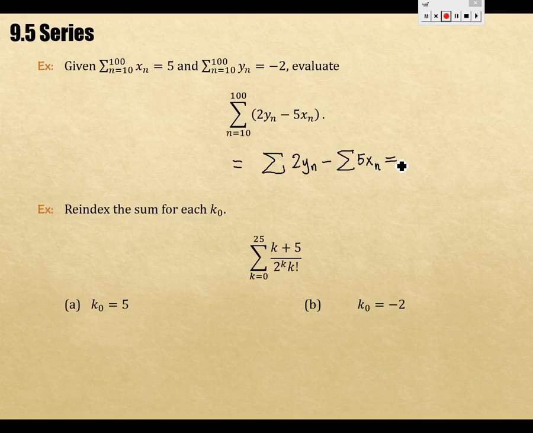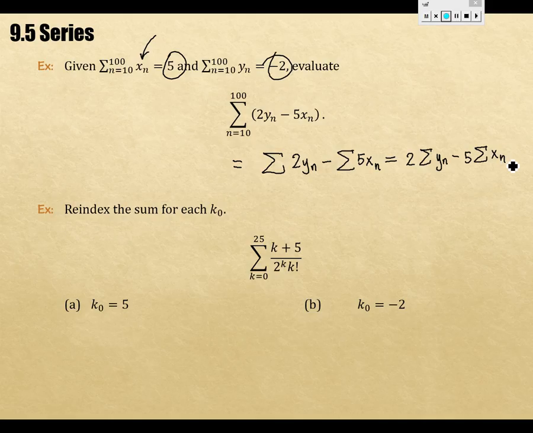So this equals this by one of the properties. We said that that was true. You could break apart the sum. Now, we don't even know what these rules are, by the way. This is some explicit rule. Maybe it's n cubed minus n or something, and this one is the square root of n. It could be some crazy rules. But if we're given the actual result of these two sums, then I think we can handle this problem, right? We can factor this out using one of the other properties.